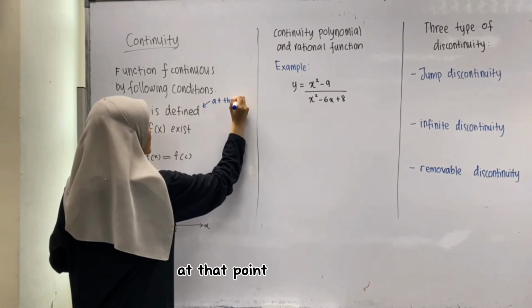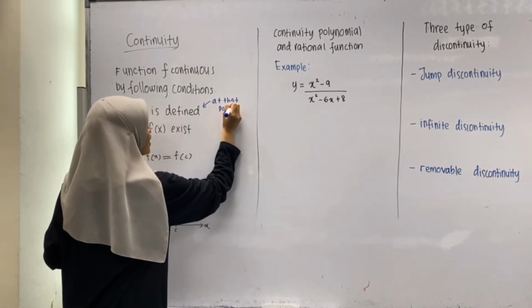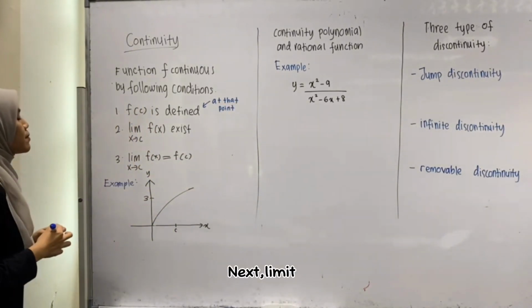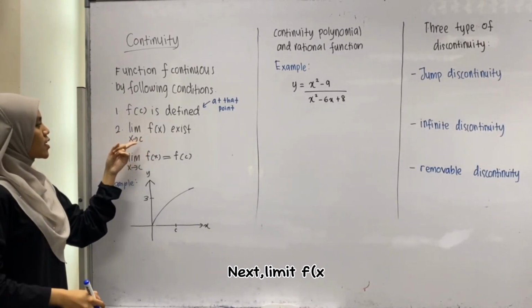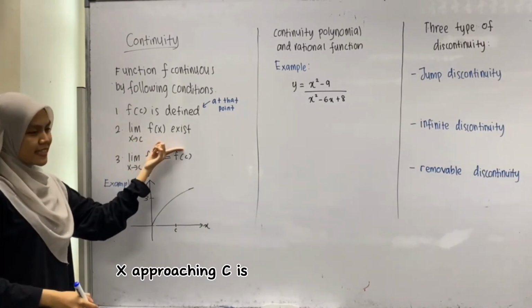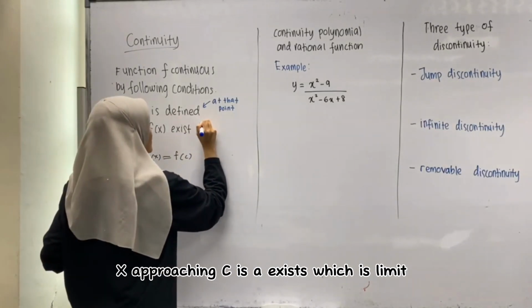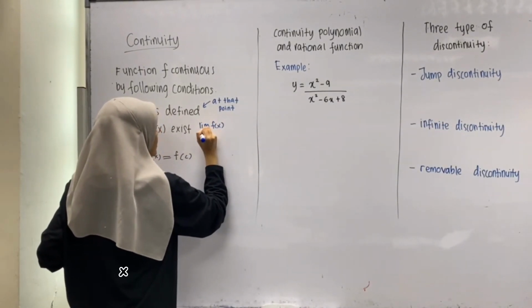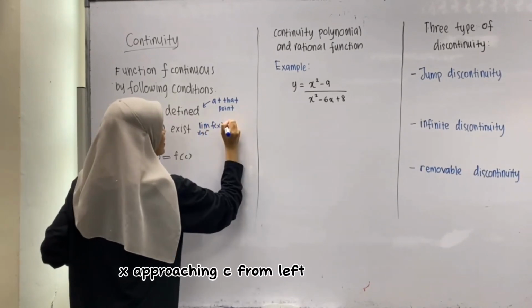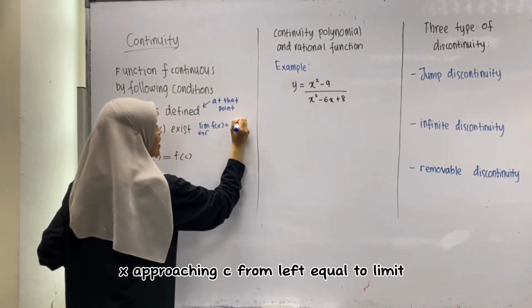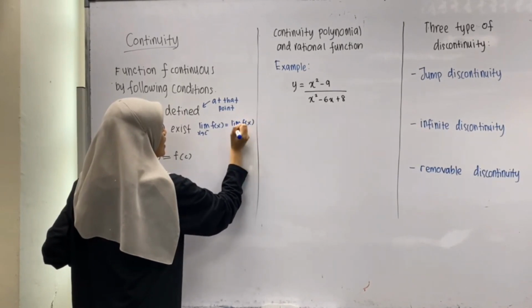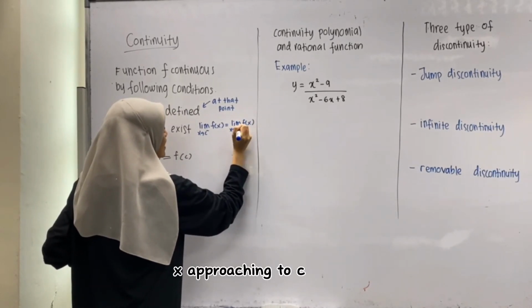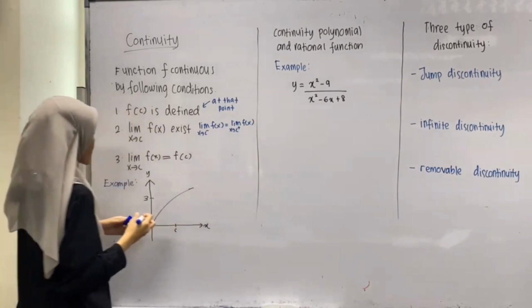Next, the limit of f(x) as x approaches c exists, which means the limit from the left equals the limit from the right.